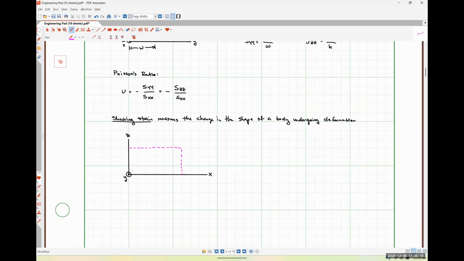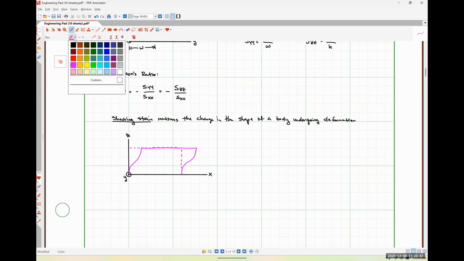And here's something I might end up with. I need to draw that out longer. Maybe something like that, where my force was applied up here. And again, I'm assuming that my body was anchored at the origin, so where that part can't move.